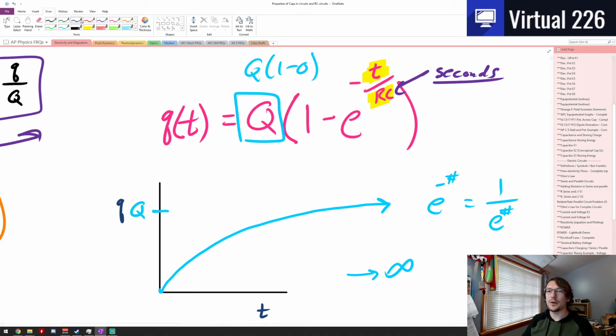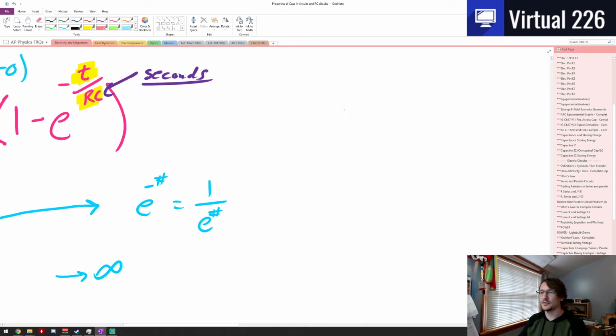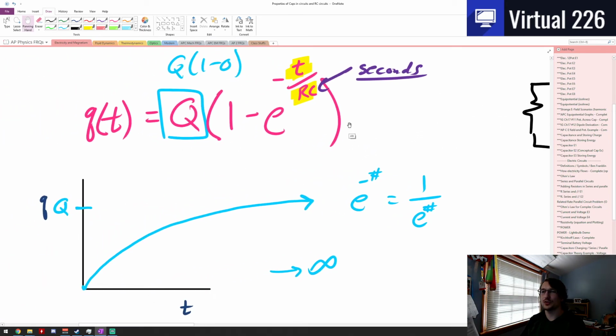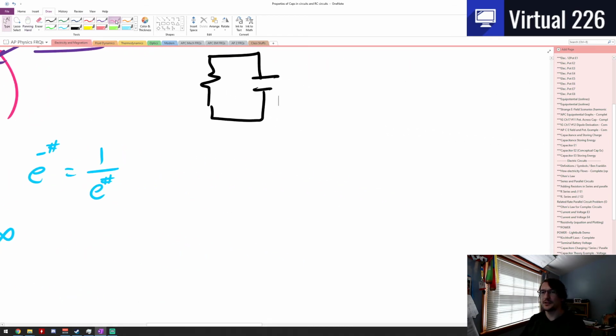Okay. If we were discharging this capacitor, the discharge is a little bit different. The discharge circuit setup is actually just a resistor and a capacitor. So the Kirchhoff loop looks a little different, but if we were to set up a discharge equation here, the charge on the capacitor as a function of time is just going to equal Q times e to the minus t over RC.